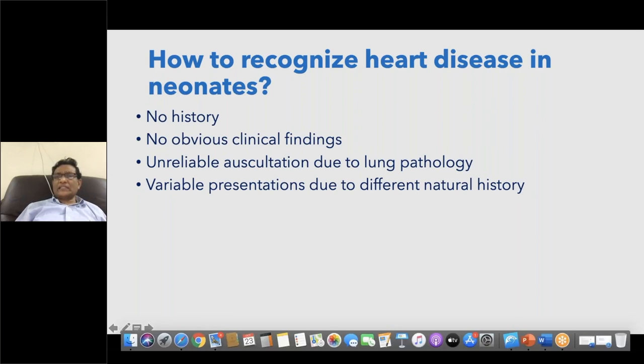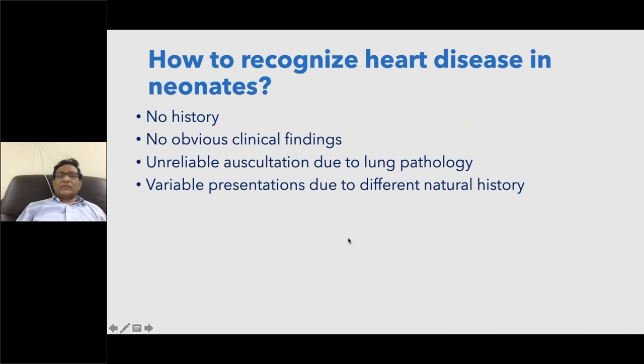The natural history differs from time to time based on the ductus arteriosus, the foramen ovale, and also the fall in PVR. That's why one pediatrician or neonatologist misses a diagnosis and another picks it up. That doesn't mean the first person actually missed it, because this is the natural history of heart disease, which we all should know.